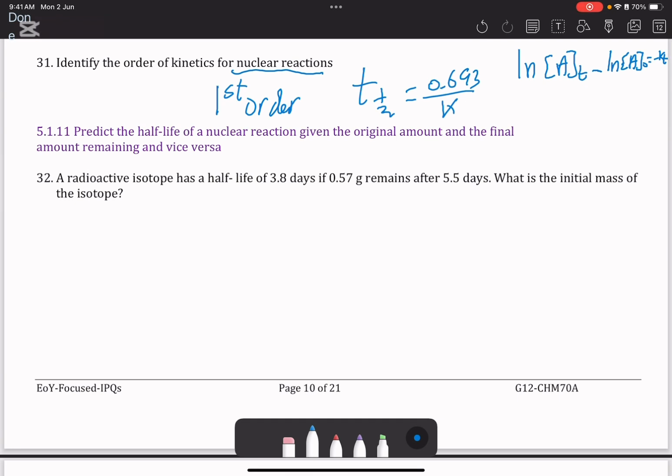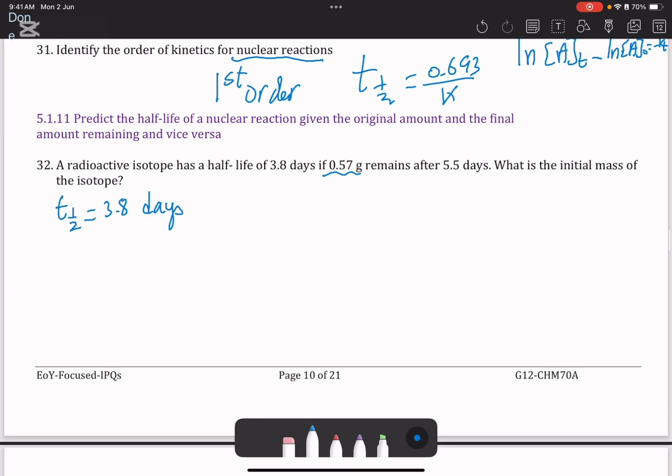A radioactive isotope has a half-life of 3.8 days. So I know that T half is 3.8 days. If 0.57 grams remains, so this is the mass of A at a time t, not initial, after a time of 5.5 days, what is the initial mass of the isotope?